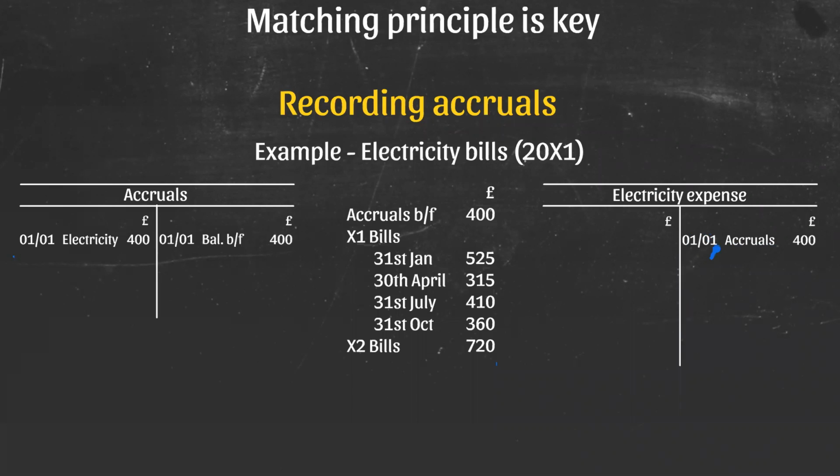So that may sound a little bit complicated, but let's enter the other transactions that we can see on screen and we'll see how this works, okay? So our first transaction is this £525 amount from the 31st of January. Now, what this amount relates to, as a reminder, is a portion of it relates to the X1 financial year, but then we have 2 months worth of this balance to account for as part of this accrual from the previous financial year.